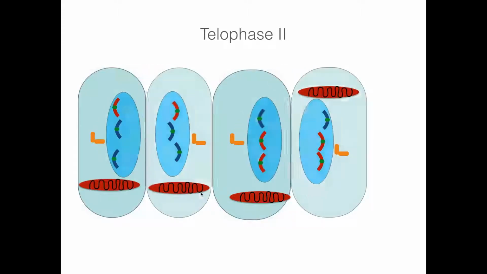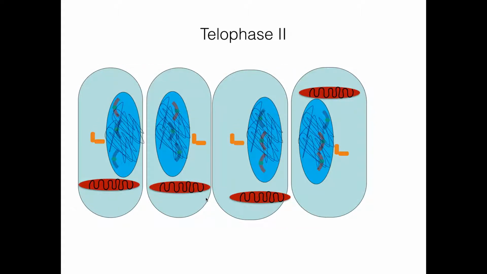And in telophase 2, we are left with 4 haploid cells, each of which has a different set of haploid genes. These are cells that will go on to become gametes, or sex cells.